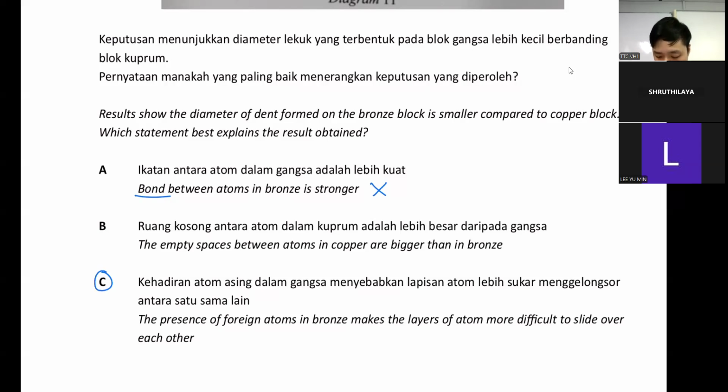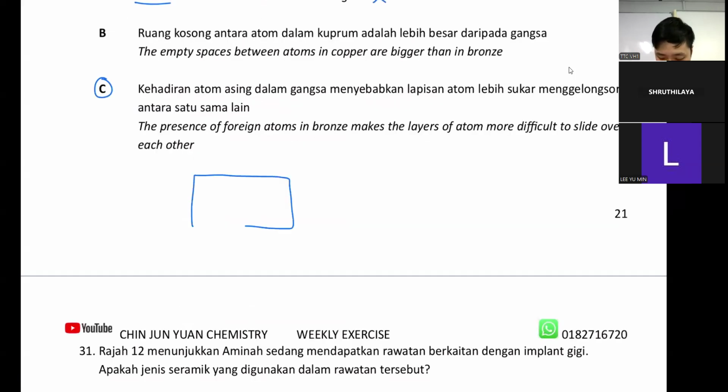C, because of the foreign atom. Let's say I know, right? This is copper. Copper have all the same size. This is copper atom, copper metal. But the big problem is when you apply the force, it can easily slide over and become dent.